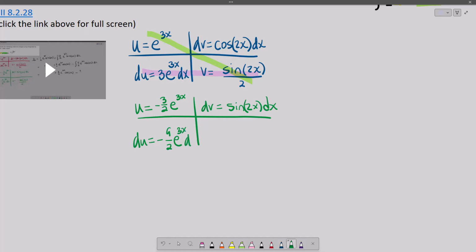And that should have a dx in it also. And then our integral column, we use reverse chain rule. So the outer function is sine. Its antiderivative is minus cosine. Inner function's derivative is 2. We divide by the 2.